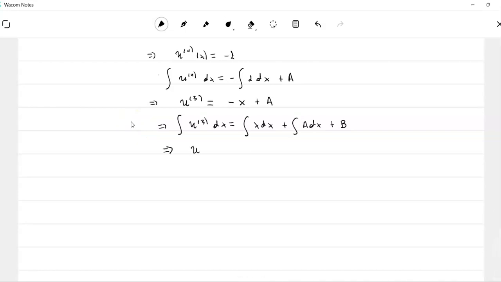So now I have u second derivative is 1 over 2 x squared plus a x plus b. Again, I have to integrate here.